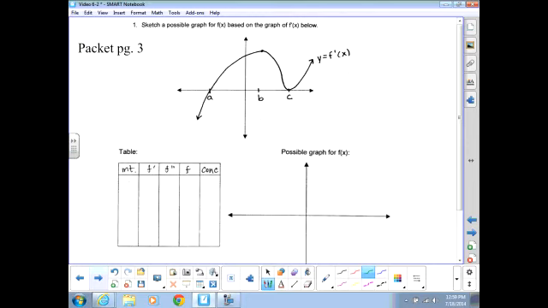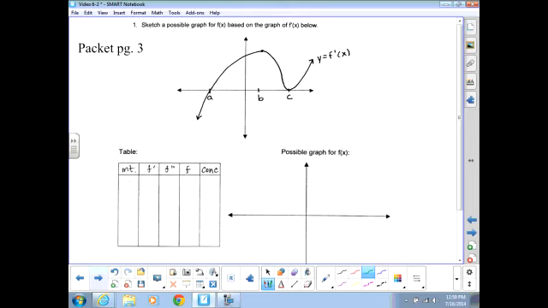The interesting things in our f-prime graph are where those roots occur and where the maxes and mins occur. The roots are significant. That's what we normally put on our number line when we're doing our first derivative test. The maxes and mins are important because those will be where the next derivative, the second derivative, will be 0.